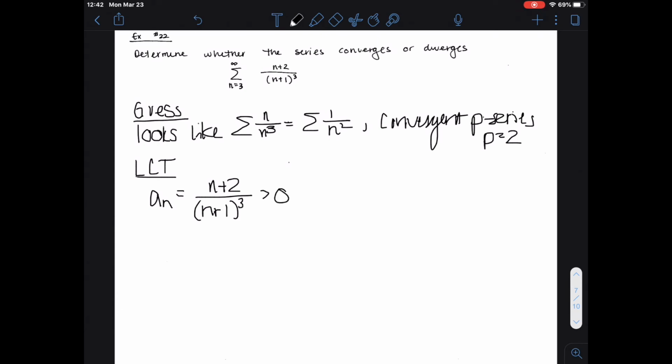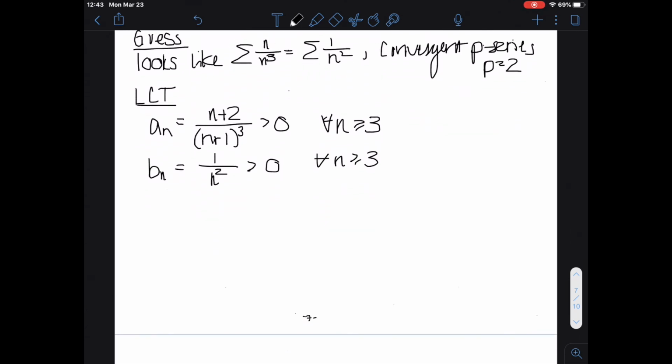That's definitely greater than 0 for all n greater than or equal to 3. And we're going to let bn be the one we're comparing it to. In this case, you don't have to use that simplified version because you're just going to take a limit. It's going to be the same thing. So we're going to compare it to 1 over n squared, which definitely is greater than 0 for all n greater than or equal to 3.